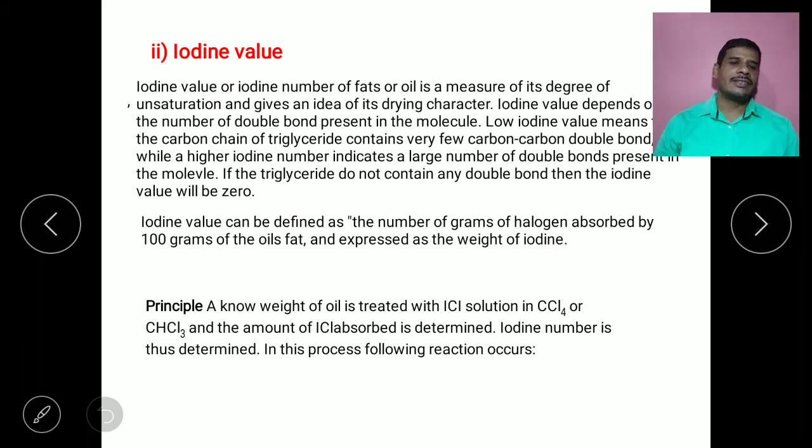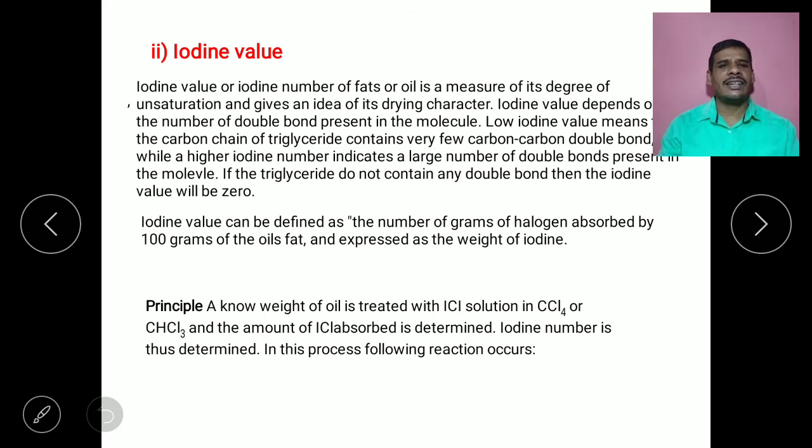In this case, the oil should be dissolved in carbon tetrachloride or chloroform. We already discussed that while determining the saponification value or the iodine value, complete dissolution of the oil is important. Oil is insoluble in water, hence we use such solvents, in which the oil should be 100% soluble.